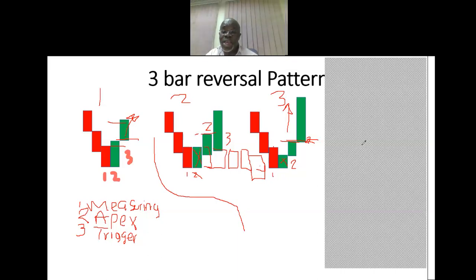Ideally, if this is candle number 1, this is supposed to be the apex, and we are supposed to enter at that point if the market is going up. But instead of going up, it comes back again. So again, this is null and void. It is not a reversal pattern.